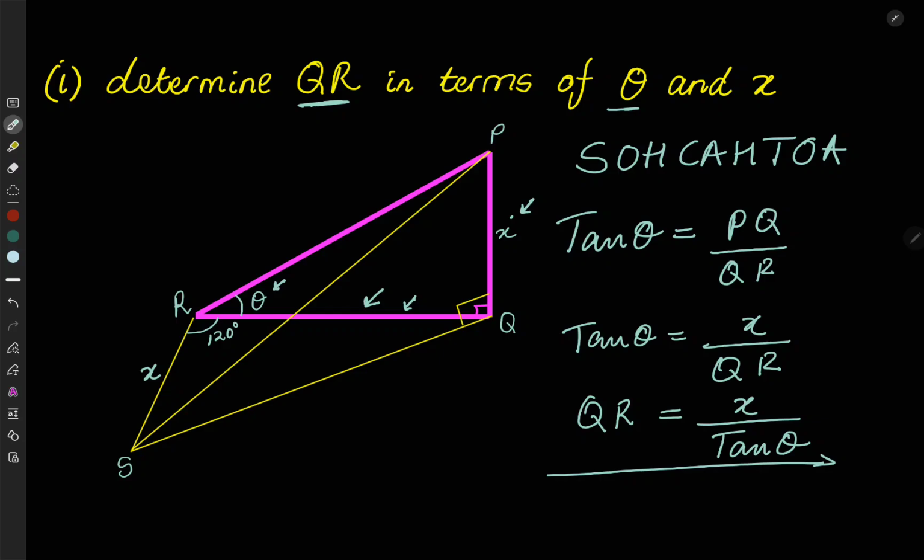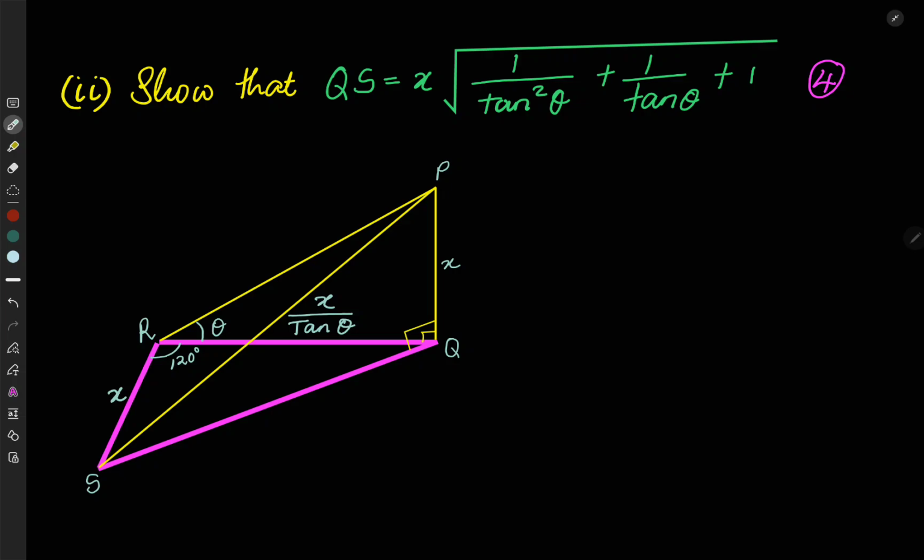Now let's look at the second part of the question. In this part, we are asked to show that QS, which is this line right here, is equal to x times the square root of 1 over tan squared theta plus 1 over tan theta plus 1. First of all, you need to identify where QS is and how much information you have on certain triangles.